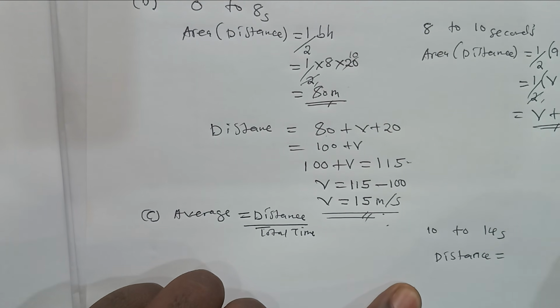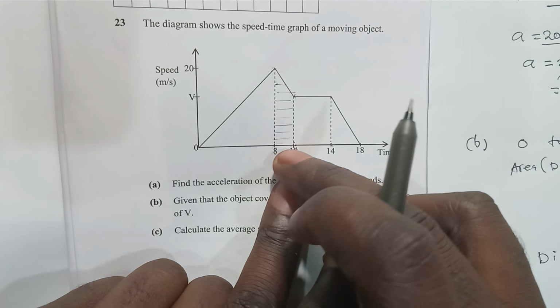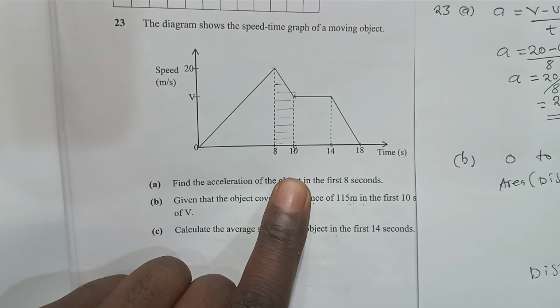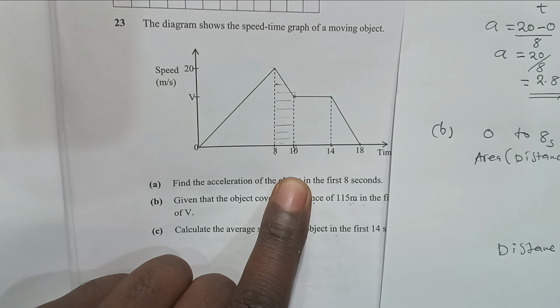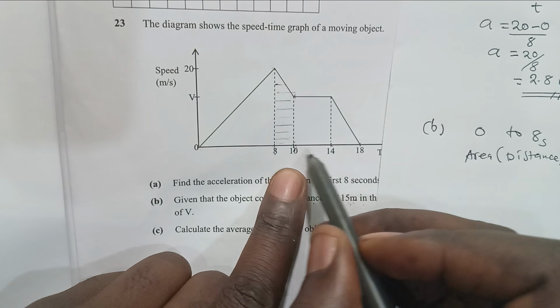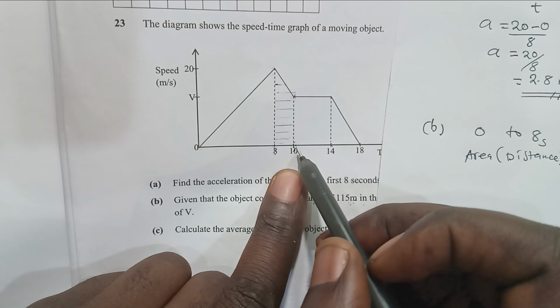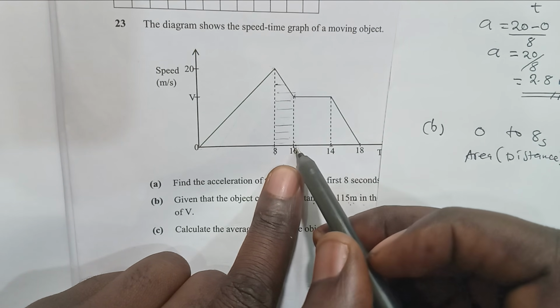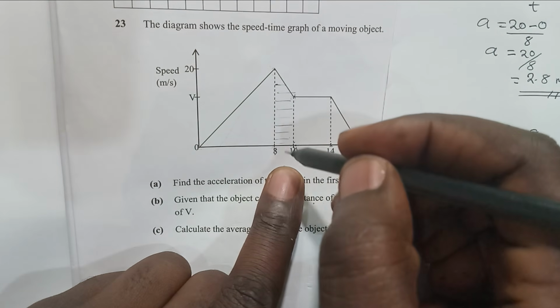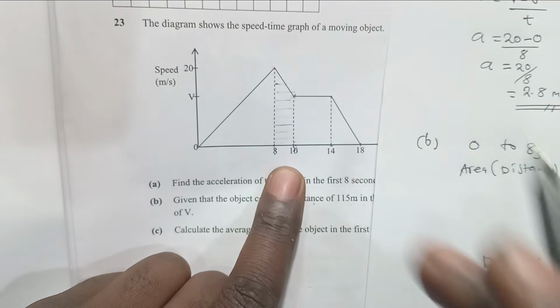Because this represents a rectangle, we are going to simply say distance is equal to L times B. So our breadth is going to be 4, our length is going to be the value of V, which in this case is 15.